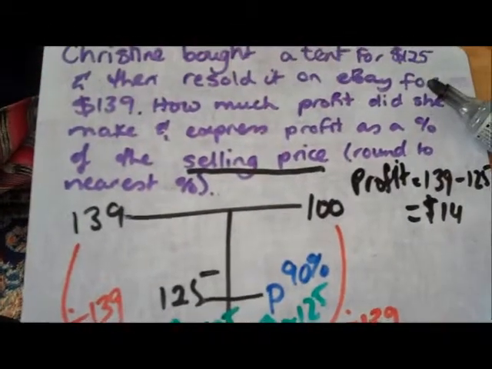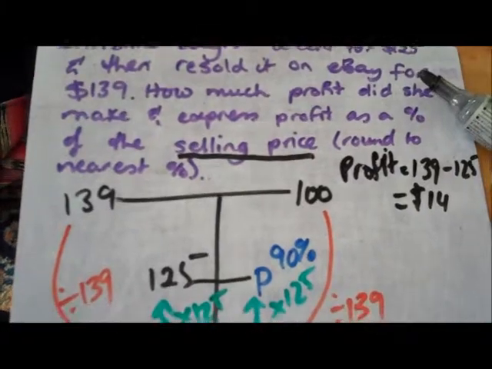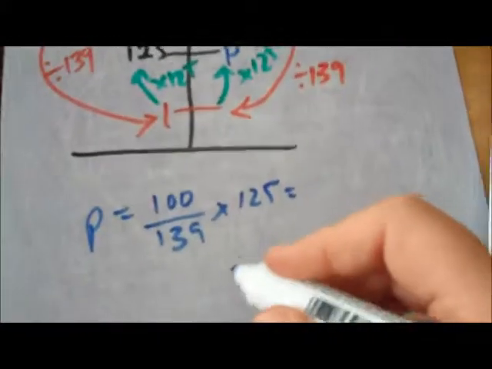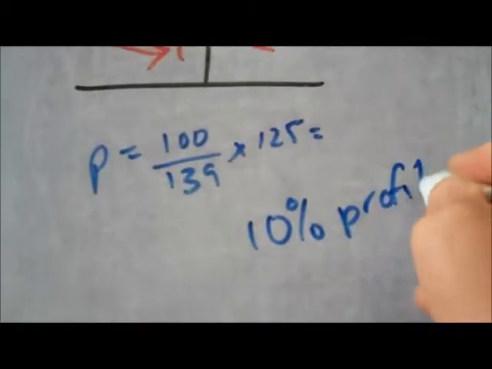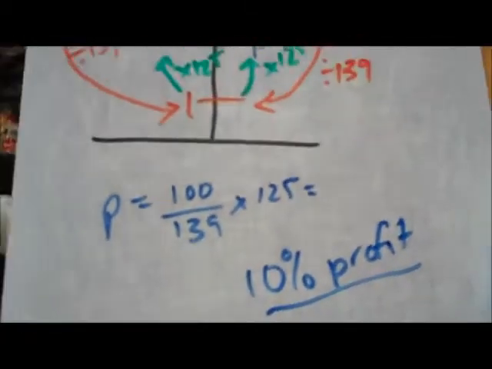So that means, expressing her profit as a percentage of the selling price, she has made a 10% profit based on the selling price.